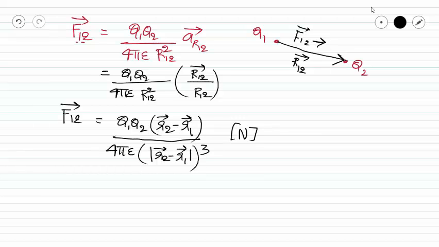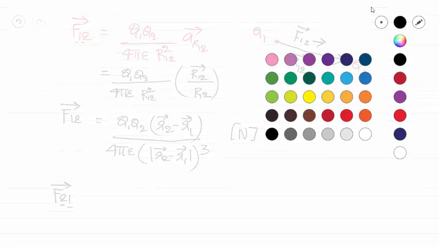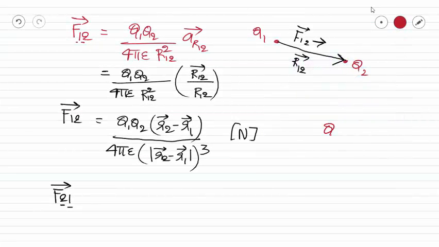In a similar way, I can write down the expression for F21 bar. F21 bar means the force acting on charge Q1 due to Q2. The only change we need to make: let us take Q1 at some point and Q2 at some point.